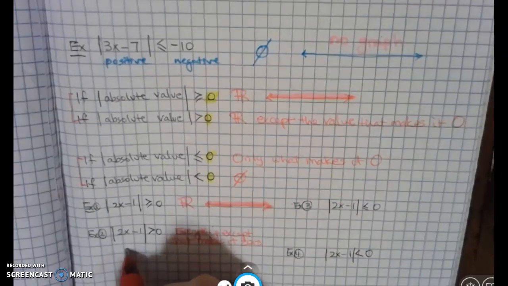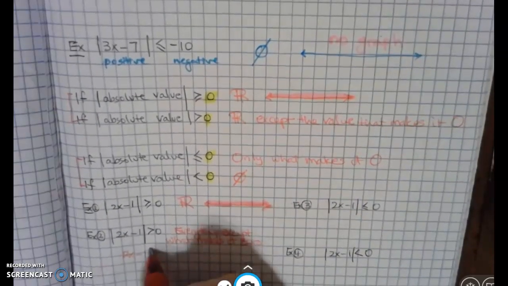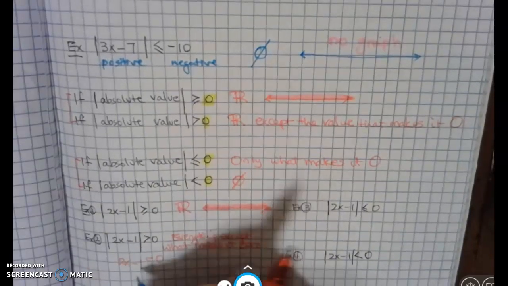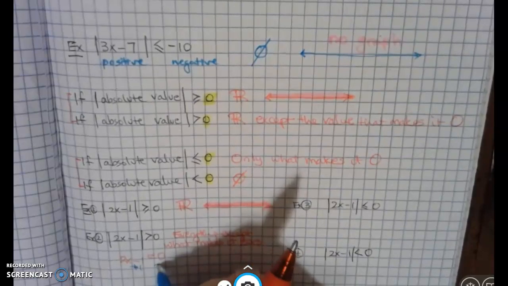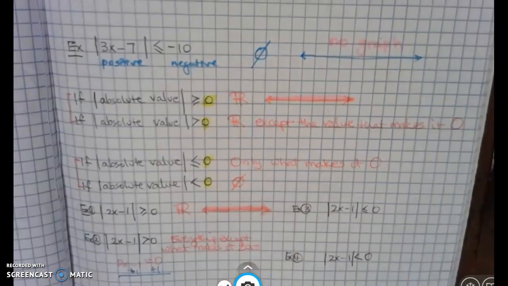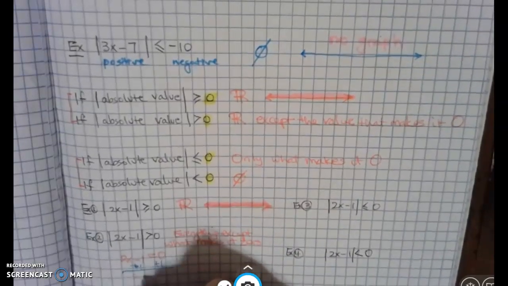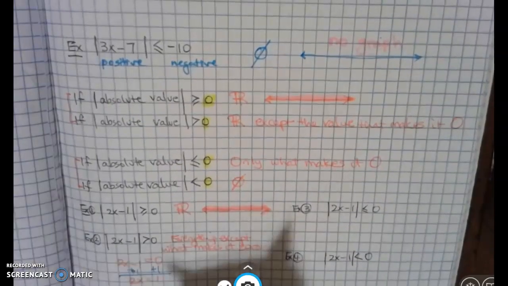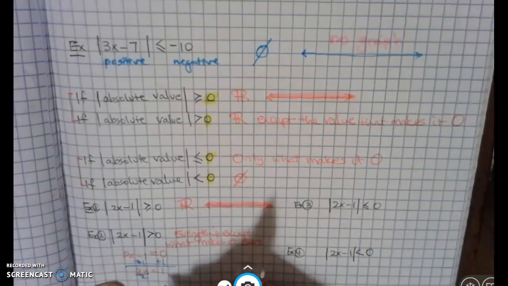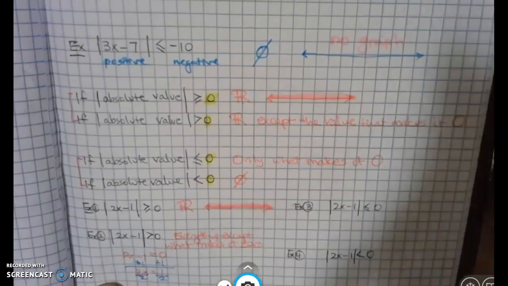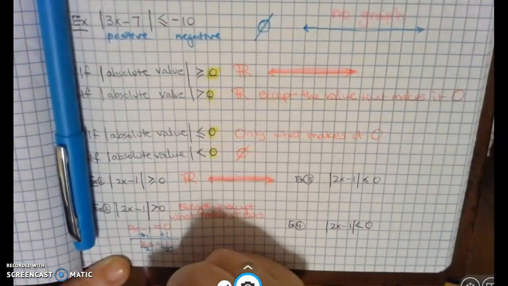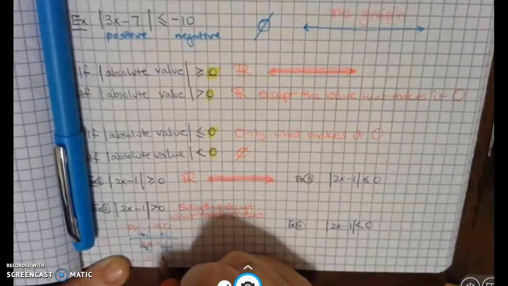That will be when 2x minus 1 is equal to 0. So then you add 1 to both sides, and you get 2x is equal to 1. Then divide both sides by 2. I'm running out of space here. And you get x is half.